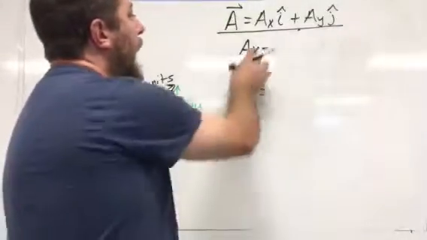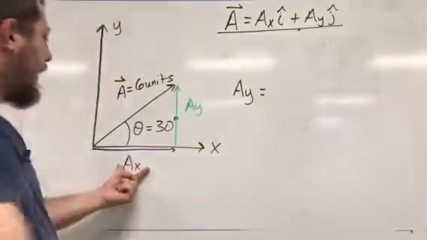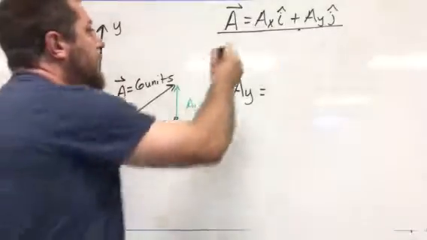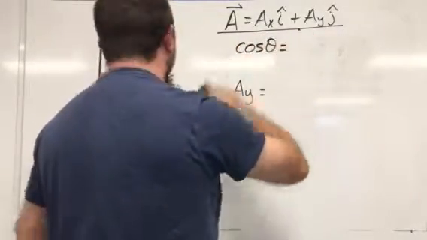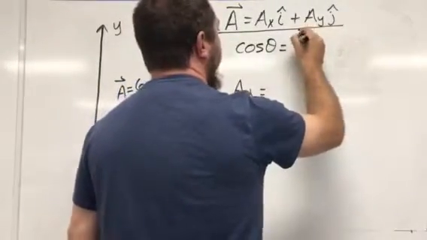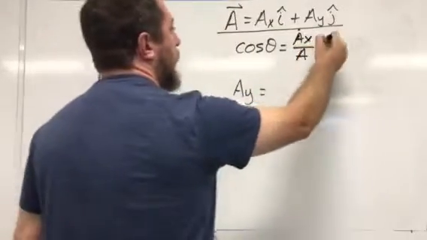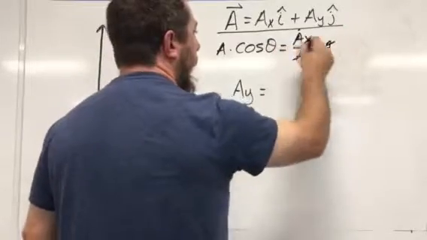All right, so AX, we need a function that relates AX, theta, and A, and that turns out to be the cosine function. Cosine of theta is adjacent over hypotenuse, so this is going to be AX over A, and if I multiply both sides by A, then that gives me AX.